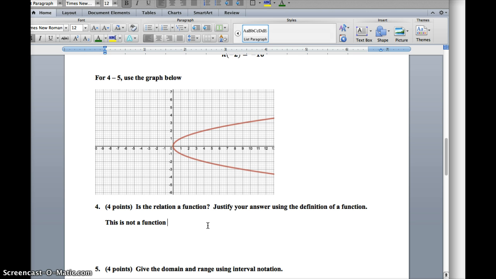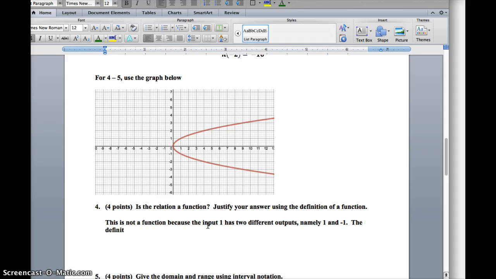And all I have to do is give one input that has 2 outputs, because the input 1 has 2 different outputs, namely 1 and -1.